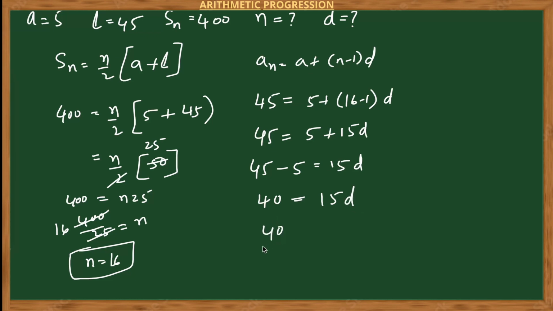So 40 divided by 15 is equal to d. 5 3s are 15, so d is equal to 8 by 3.